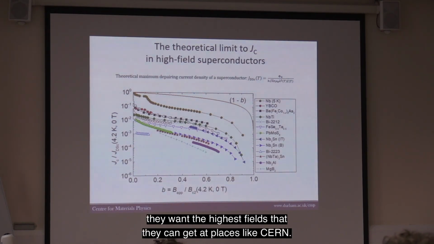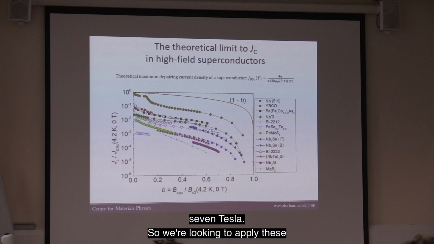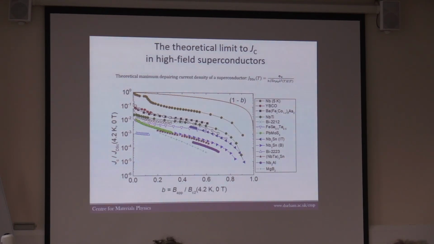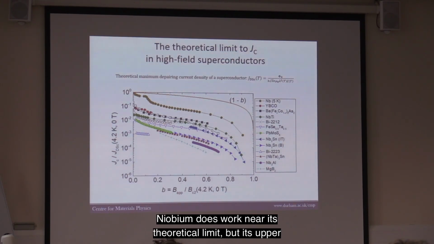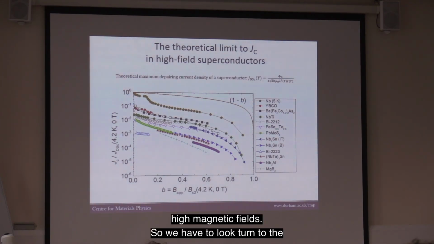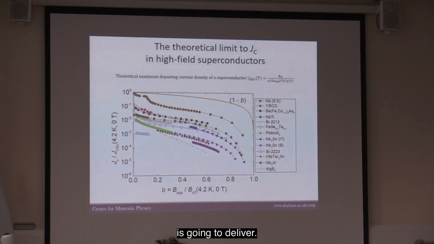With magnets, again, it's high fields, 5 Tesla, 7 Tesla. So we're looking to apply these materials to produce high magnetic fields. Niobium does work near its theoretical limit, but its upper critical field is about 0.2 Tesla. So it's not going to deliver high magnetic fields. We have to turn to the high field superconductors in the applications where superconductivity is going to deliver.